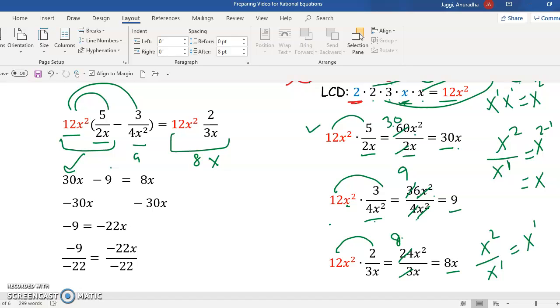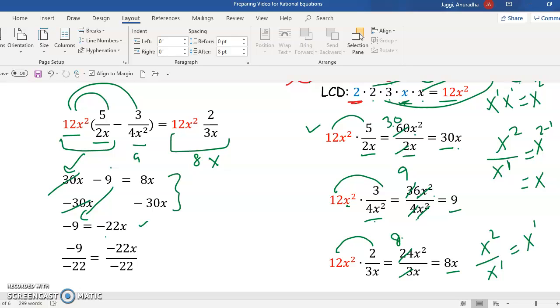I'm going to eliminate 30x, it's a positive 30. Use the inverse operation, subtract 30x from both sides, and you will get, on the left hand side, 30x gets cancelled, and you have 8x minus 30x will give you a negative 22x, and you are left with negative 9 over here. So now after that, you know what to do.